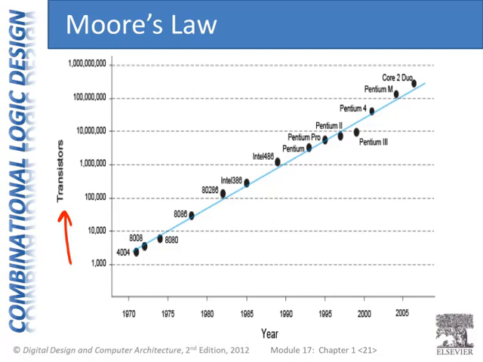And so if we have a linear trend here, and we have a logarithmic scale, it means that it's actually exponential. So we have the years here on the x-axis, and we've plotted the different Intel processors on this graph.